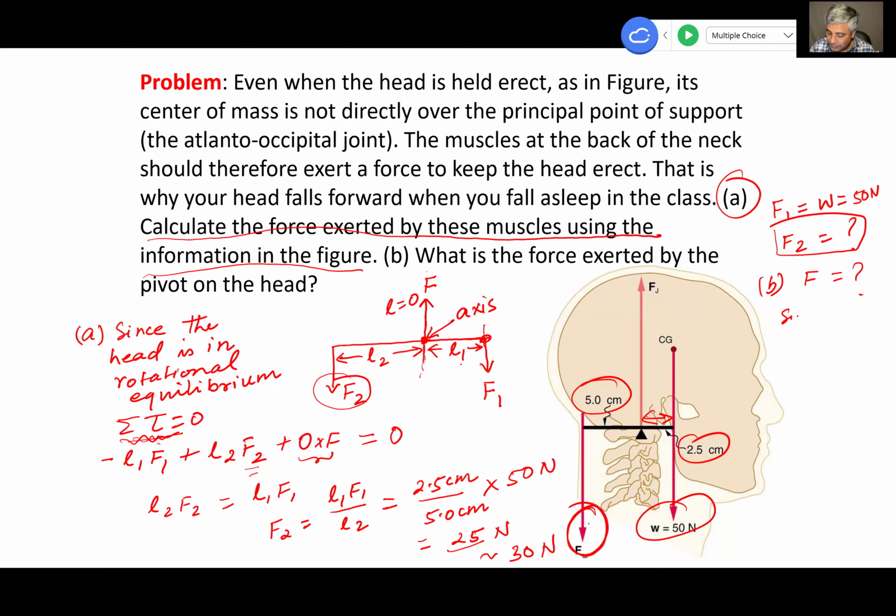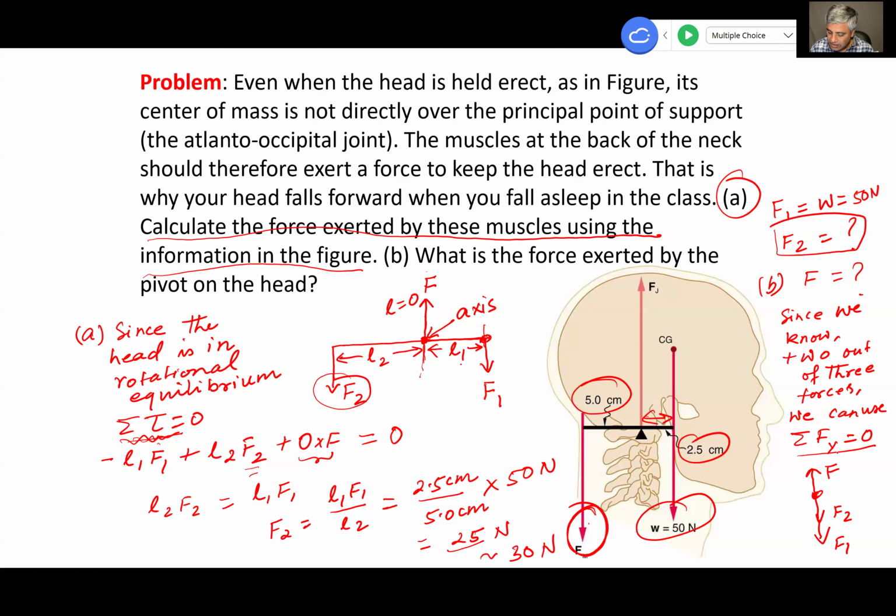So since we know 2 out of 3 forces, we can use the sum of forces along the y direction equals 0. Let's draw a free body diagram. This F is what we want, and remember F2 and F1 are pointing down.